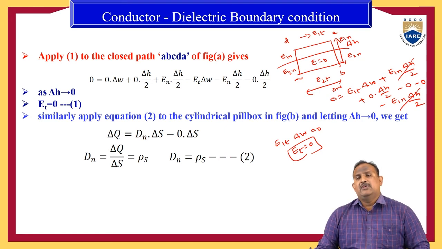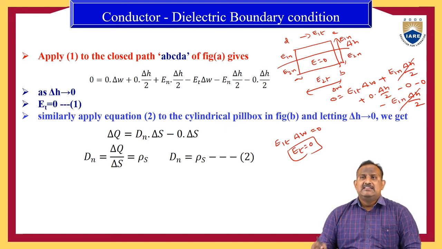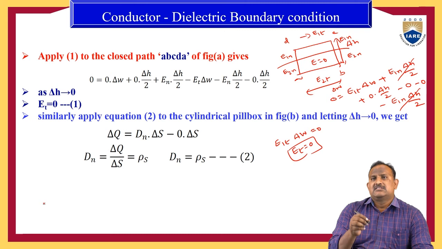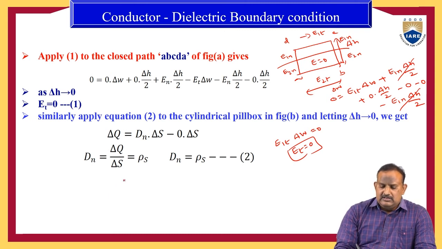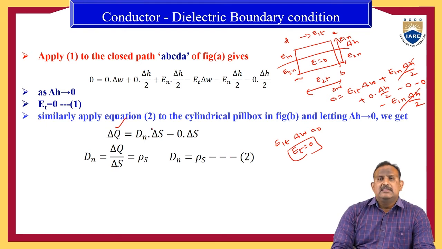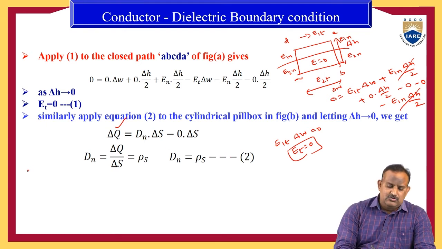Similarly, if you apply Maxwell's second equation to the cylindrical pill box, and delta H tends to 0. And already we know that the charge dq is equal to Dn into delta s. As delta H tends to 0, the two surfaces touch at the boundary.